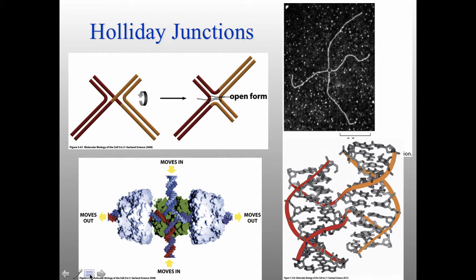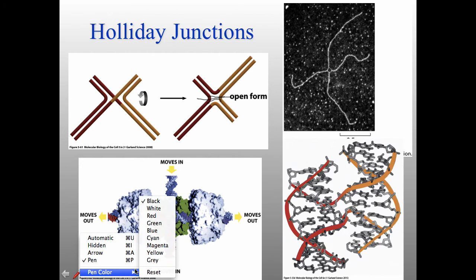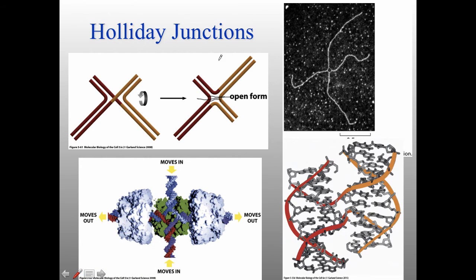If, on the other hand, you had a different colored pen and cut this way, now you ligate these two ends together and those two ends together. You don't have a crossover. You see it's red here and yellow here and yellow there. So it's just how you cut and religate is going to depend on whether you get a crossover or a non-crossover. Does that make more sense?